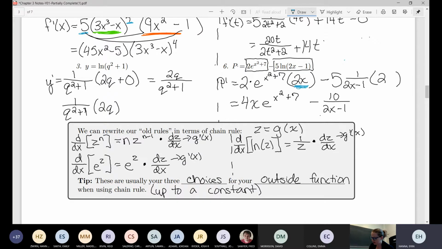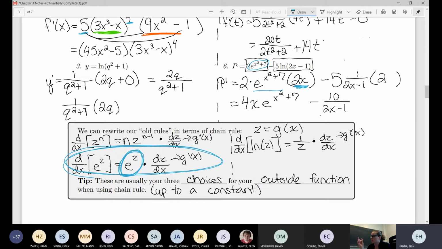So we were taking the derivative of the e to the x squared plus 7. So we're essentially in this kind of case down here where we have something. The e to the x squared plus 7 came from that idea that we have to take the same thing and rewrite it again. But then our chain rule tells me that I have to take the derivative of that exponent piece, if you will.